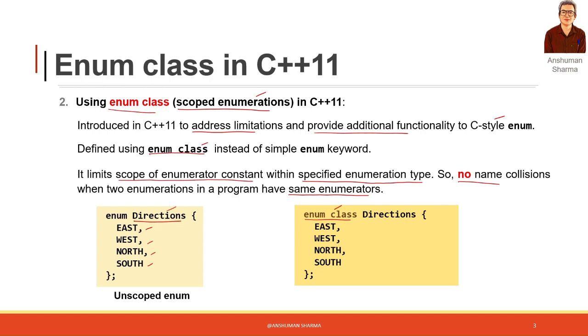It also provides other advantages: it helps to overcome implicit conversion because it is strongly typed, and it does not allow comparing different enumerations as we could earlier, indicating it is a strongly scoped enumeration.